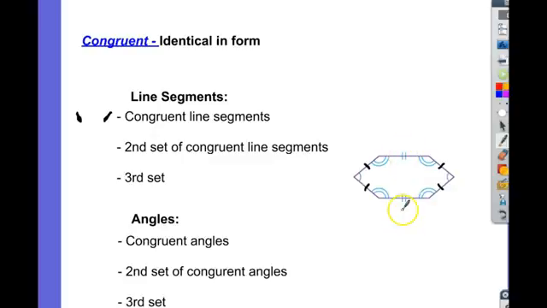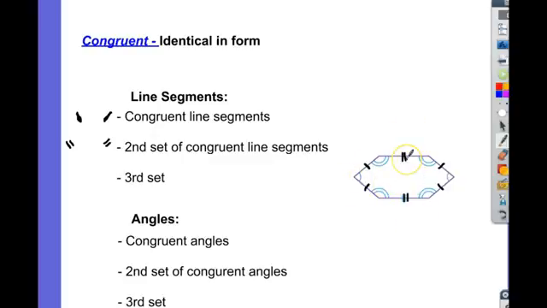These 2 are the same length. So I'm going to mark those with 2 little marks. If you look right here, I have 2 marks going right there and 2 right here. So that shows me that these 4 sides are congruent, and then these 2 sides are congruent with each other.